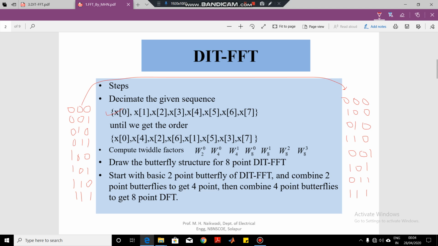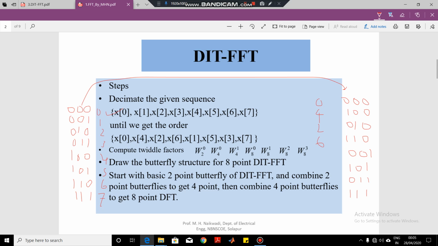Now if you write the decimal equivalent, the original order is 0 1 2 3 4 5 6 and 7. But the decimal equivalent of the bit reversed sequence is: 000 is 0, 100 is 4, 010 is 2, 110 is 6.